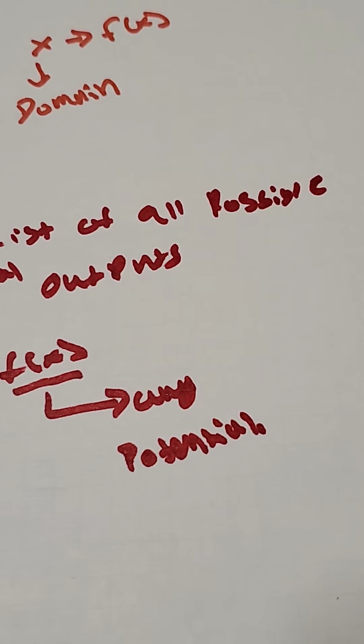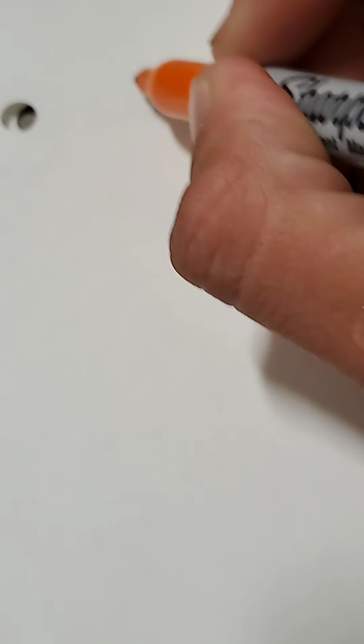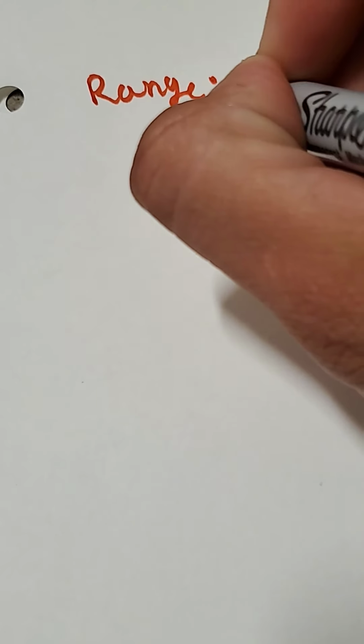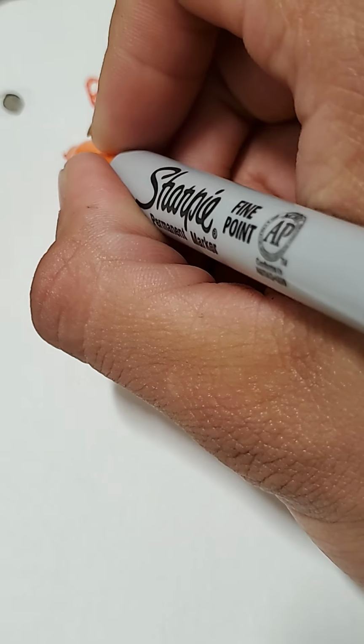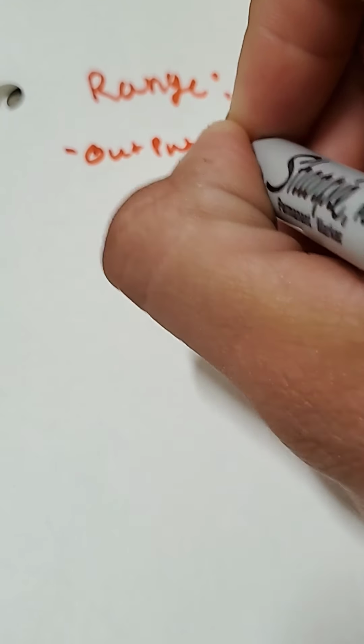And then that leads us to the range. Let me zoom out a little bit. Oops. There we go. And we define the range. Pretty much it's all of the output values in a function.